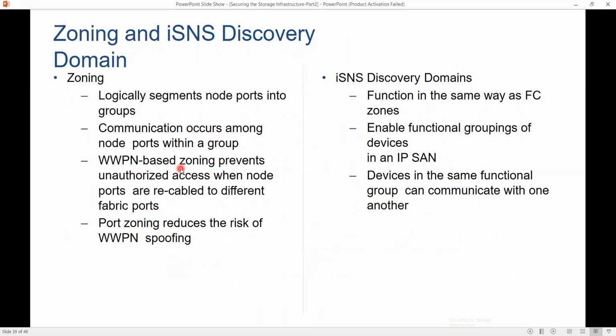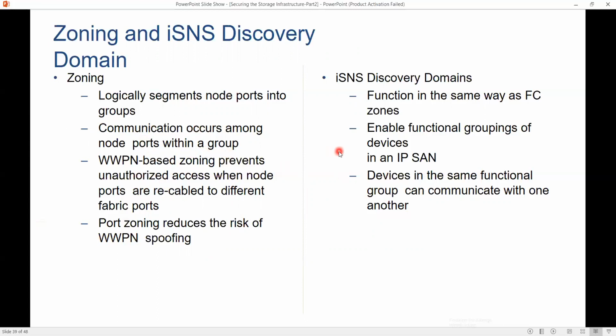Now, zoning logically segments node ports into groups. Suppose we have the nodes and we create different zones for each node, so that communication occurs among node ports within the group.